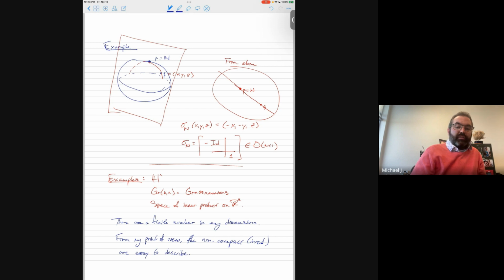So how do you describe these? Well, fact, these are of the form G mod K, where G is non-compact and simple.